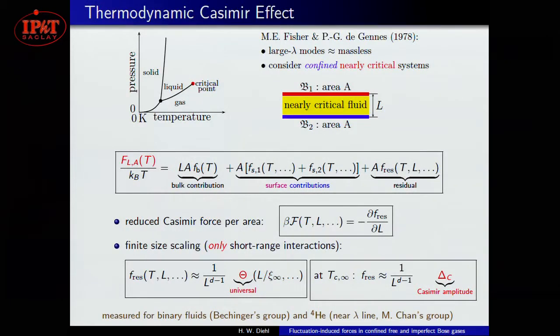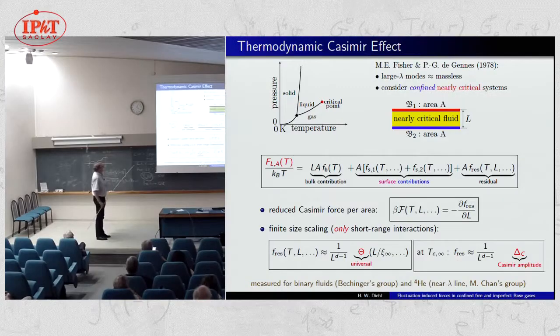Now, 30 years later, Michael Fisher and de Gennes pointed out that a similar phenomenon should occur if we confine a critical system. For example, you can take a fluid system near its critical point and confine it by walls. And then you can decompose the reduced free energy into a bulk contribution and surface contributions, which depend not only on the bulk universality class, but also on gross features of the surfaces.